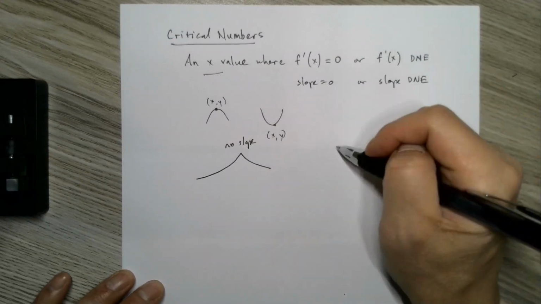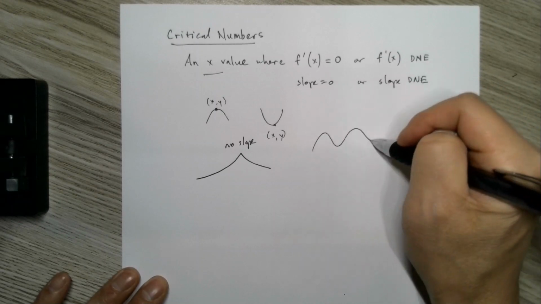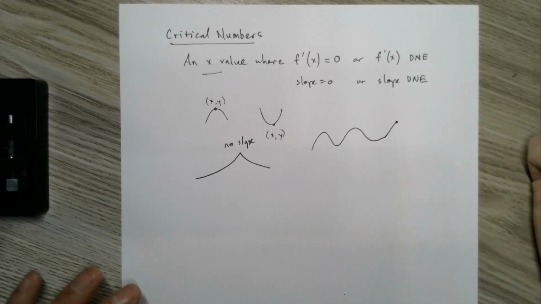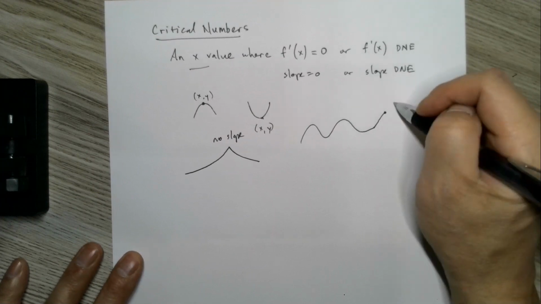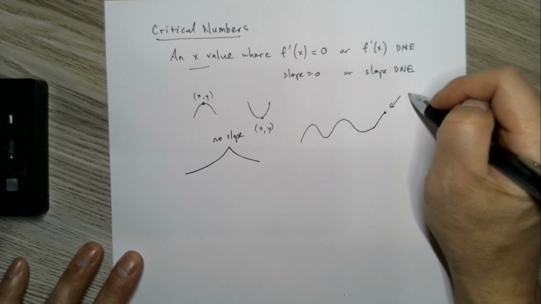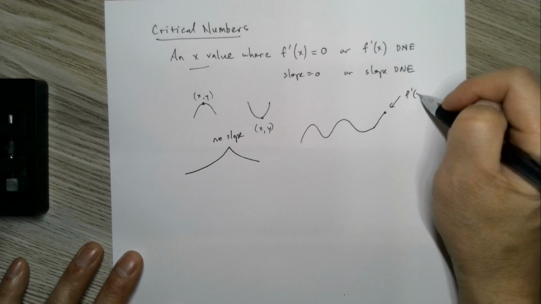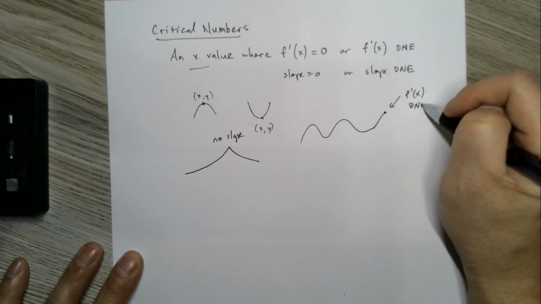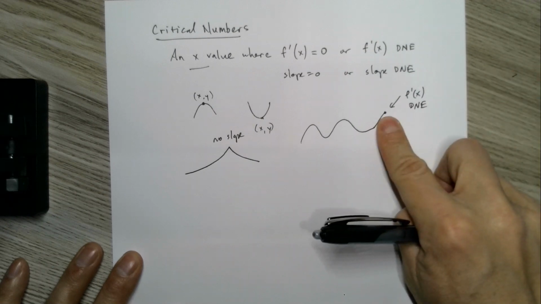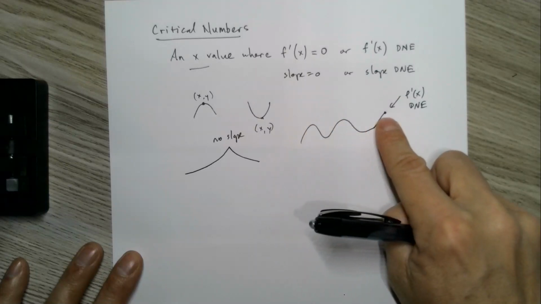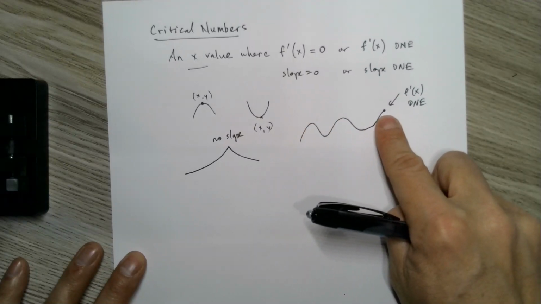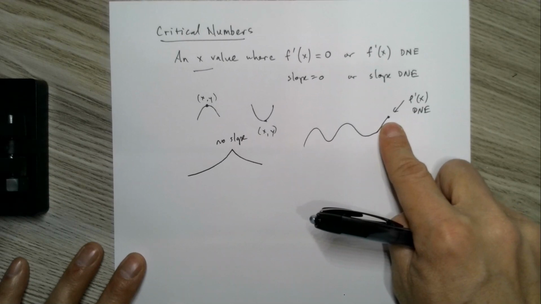They're also talking about endpoints. So let's say here's your curve and then all of a sudden it stops there. F prime of x also does not exist right there. It's smooth, and then at the endpoint it's not smooth. I know you could argue that it is smooth, but it really isn't.